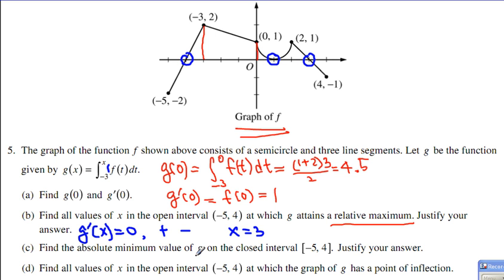Now find the absolute minimum. How can we find the absolute minimum? Notice it is going from negative 3. When we are here, as you go towards this way, everything is positive area right here, including here.